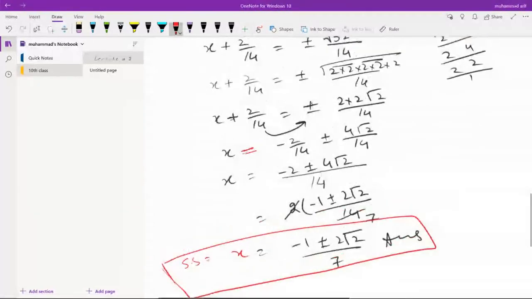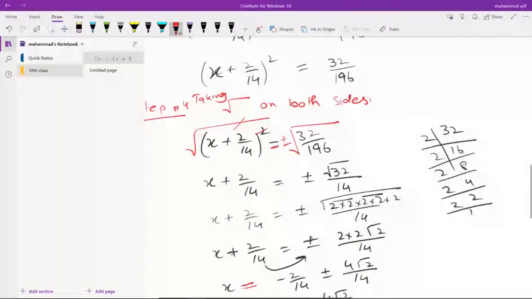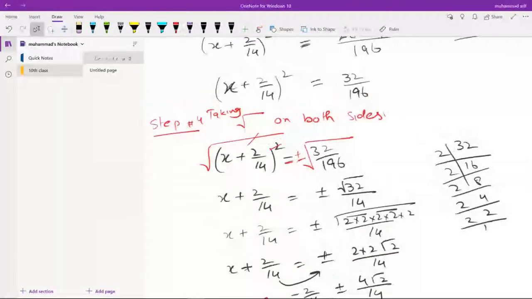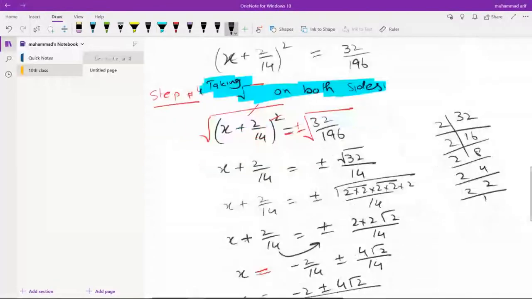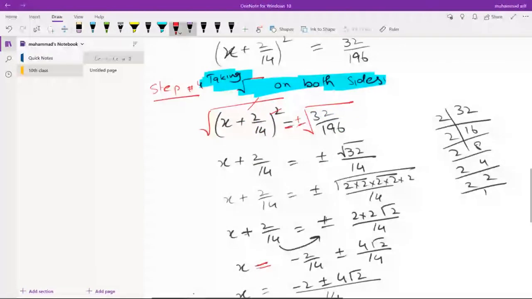Okay, I repeat step number 4 again. Listen carefully. By taking square root on both sides, these 2 and the square root cancel each other, and we have left just x plus 2 by 14.